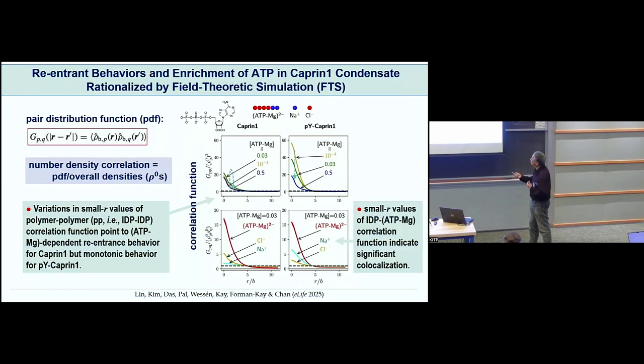It's not very clear, but you can see that it is going that way. But for the PY Kaplan-1, it is monotonically decreasing as you increase the ATP concentration. And here you can see the correlation between the polymer beads and ATP. There's a strong peak here showing that there's a co-localization of ATP with the condensate.